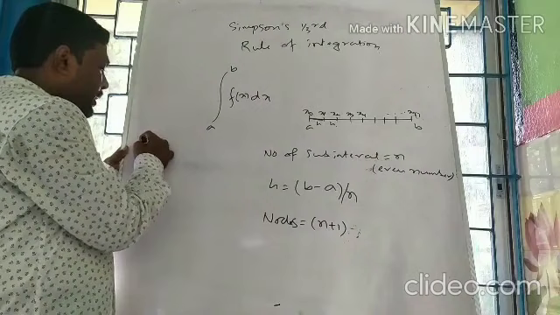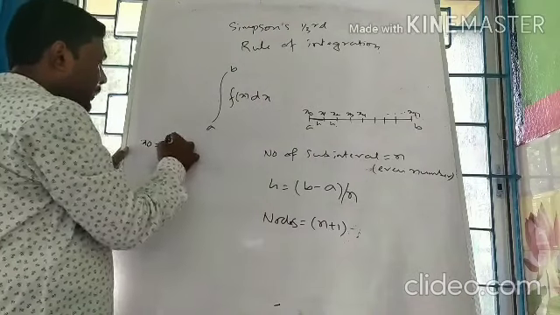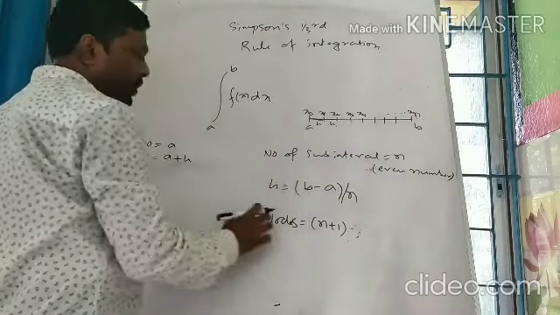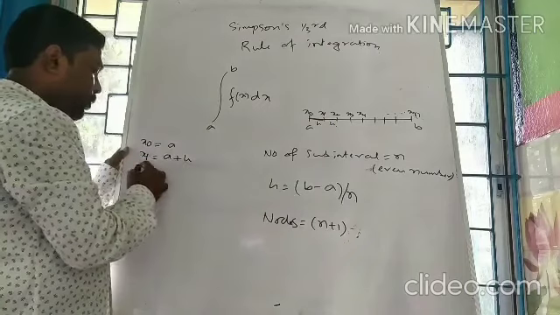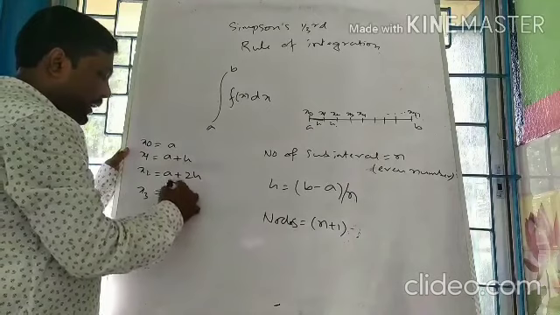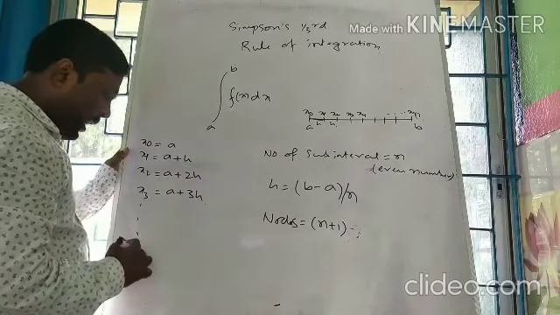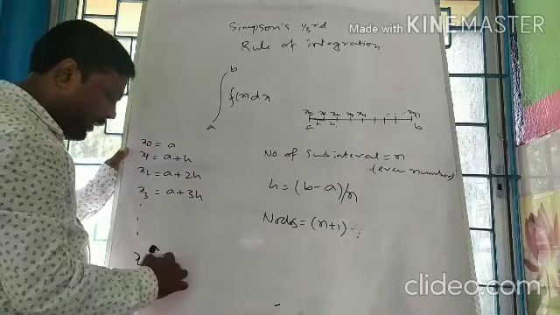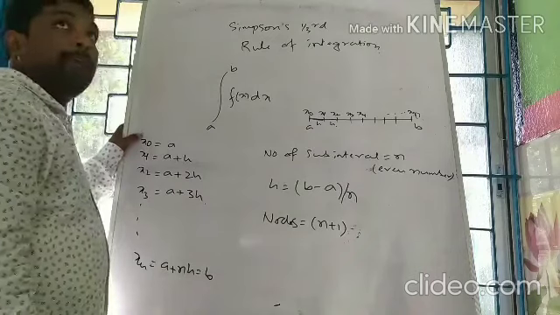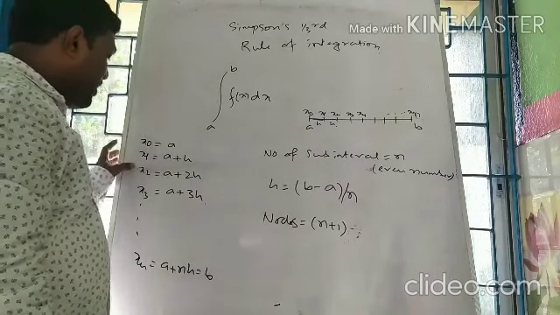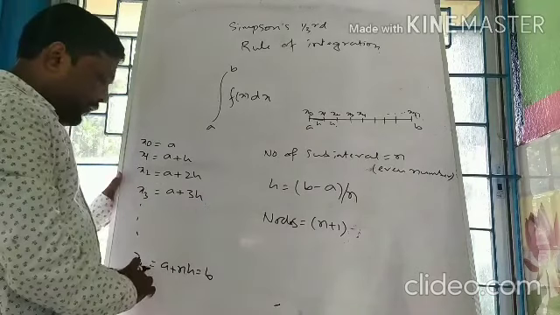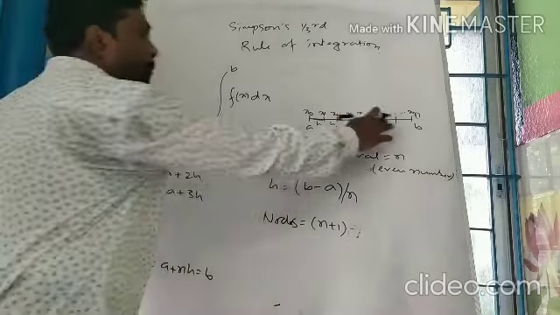Now what is x0? x0 is the first node, a. x1 equals a plus h, where the step length h is (b minus a) by n. x2 equals a plus 2h. x3 equals a plus 3h, and the last node xn equals a plus nh, that is b.